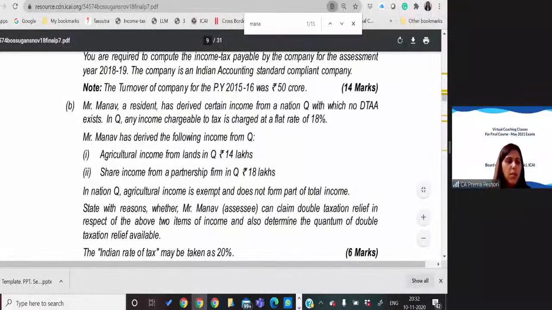How, Dhanush, taxable income will be this much? How, Pooja, 5,76,000? What is 5,76,000? 18% you computed on what?